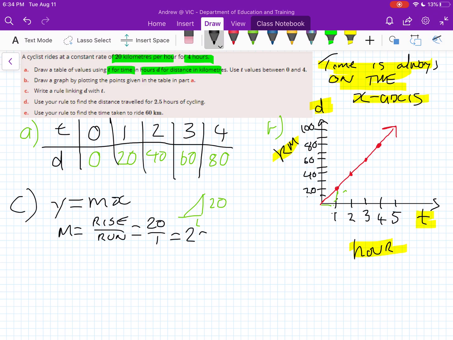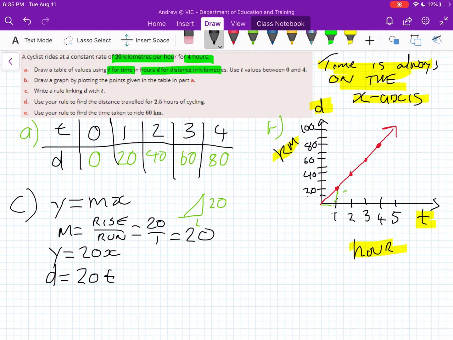So our m's 20. So it's going to be y is equal to 20x. And I like using y is equal to mx, but then we need to put it in terms of distance and time. So y is our distance. So distance is equal to 20 multiplied by our time. So that's how we can put it into D is equal to 20T. I just set it up as y is equal to mx, just so you're familiar with how to do this.